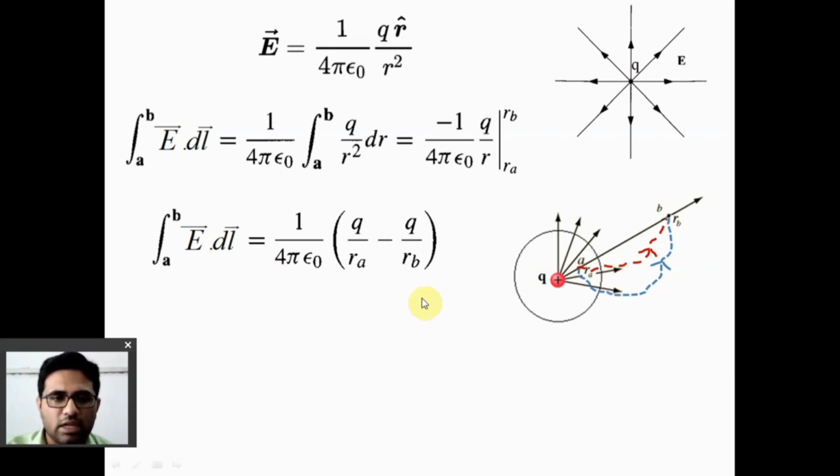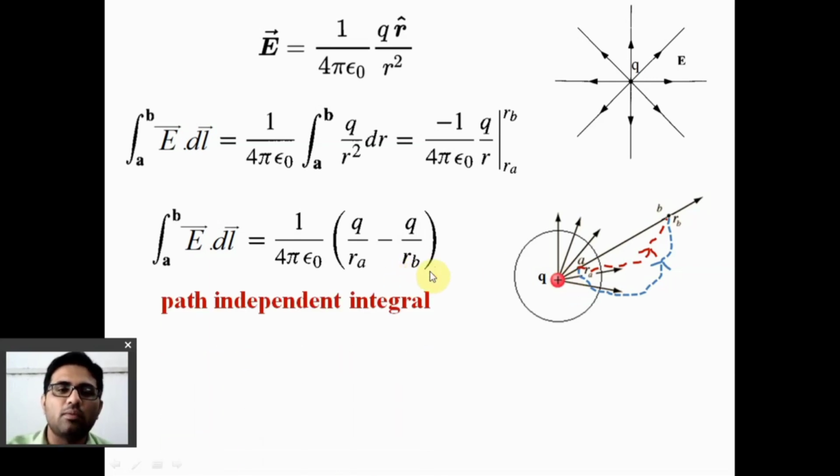But after integration, the value we get depends only on the distance of point a from the origin and the distance of point b from the origin. That means it is independent of the path. This is a very important consequence of an electric field of this nature.